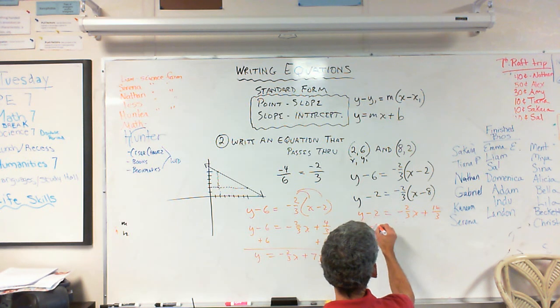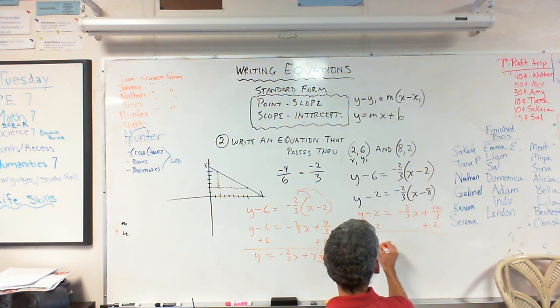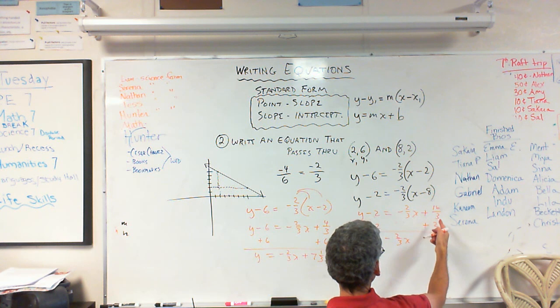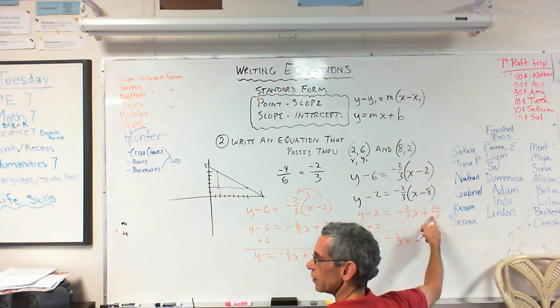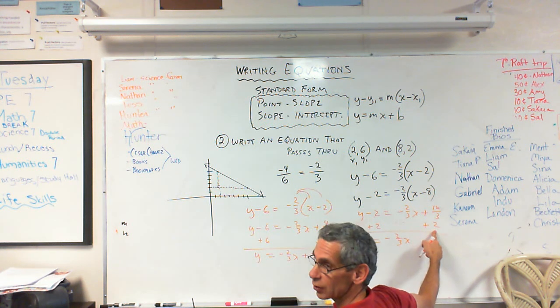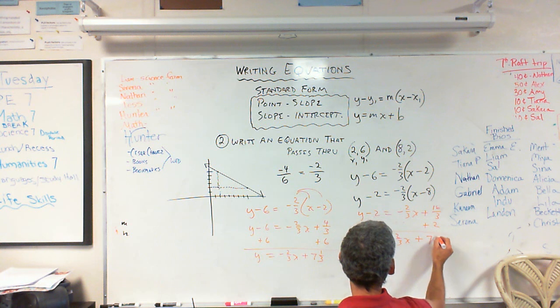And I'm going to add 2. So I get y is equal to negative 2/3 x. Now what is 16/3? 5 1/3. What's 5 1/3 plus 2? 7 1/3.